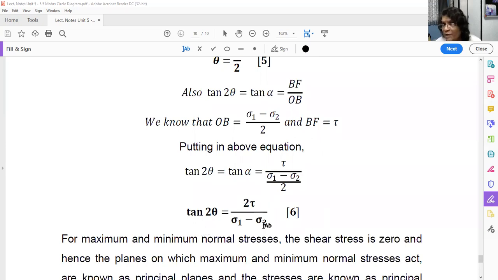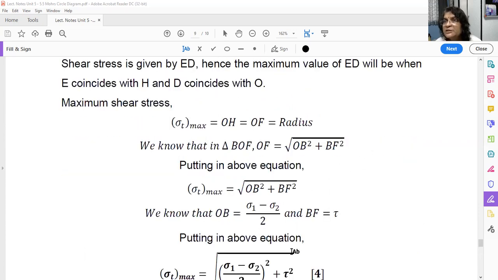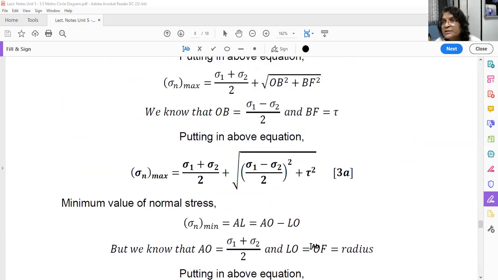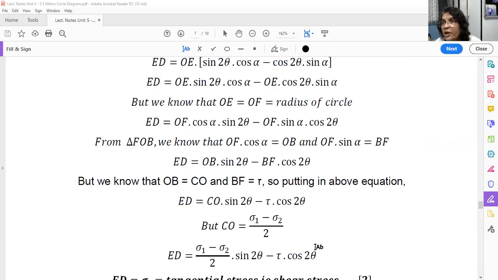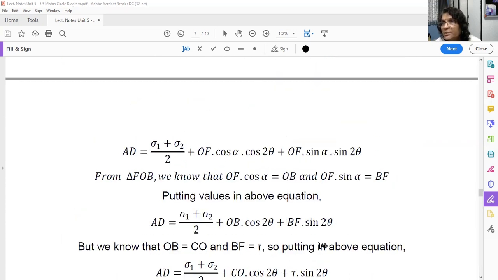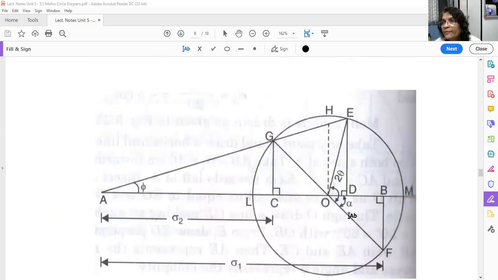This is the formula we calculated in the analytical method: tan 2 theta is equal to 2 tau upon sigma 1 minus sigma 2. Now let us find out the principal plane angle. In this diagram, we have already defined points C and E. This is your inclined stress, OE.